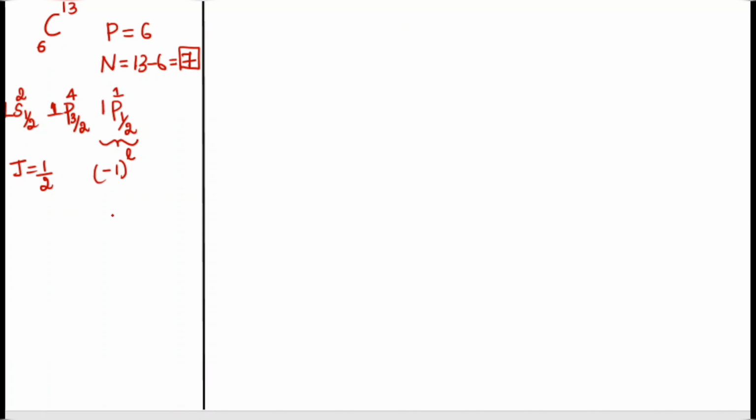For a p orbital, the L value is 1. So from the formula, it is minus 1 to the power of 1, which is again minus 1. So we got the spin to be half and the parity to be minus 1. Completely, I can write J to the power of P as half to the power of minus 1.